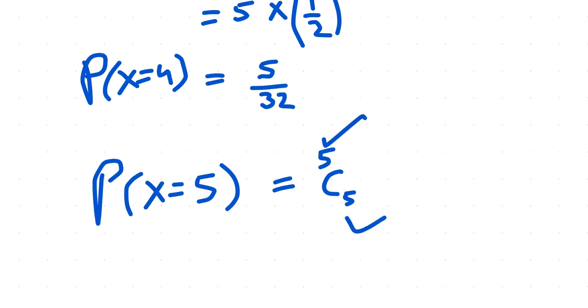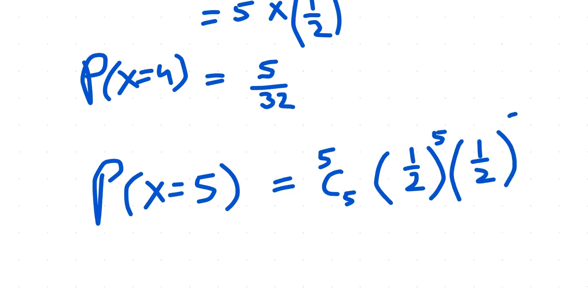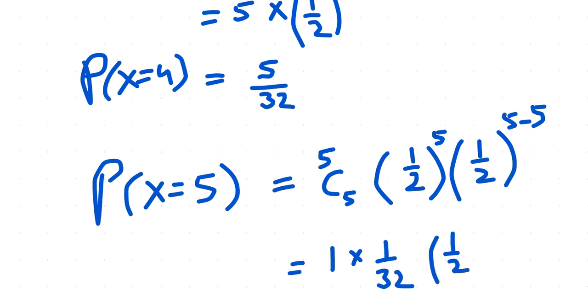And 1 by 2 to the power 5 into 1 by 2 to the power 5 minus 5. So its value is 1 and its value is 1 by 32, and the power is 0. If any number has power 0, then its value will be 1.